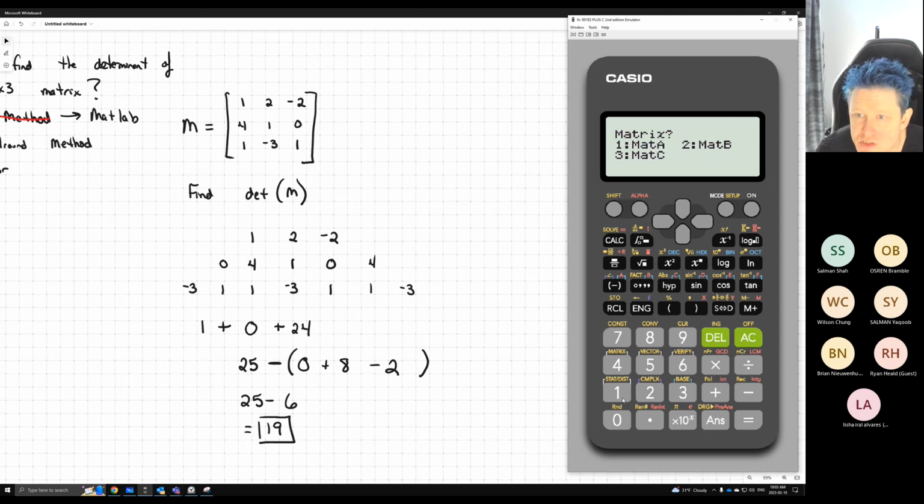And let's use matrix A. And this is going to be a 3 by 3 matrix. So I've got to enter these entries: 2, -2, 4, 1, 0, 1, -3, 1. Okay, make sure we have our matrix correct.